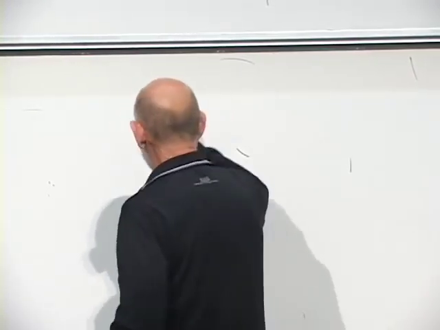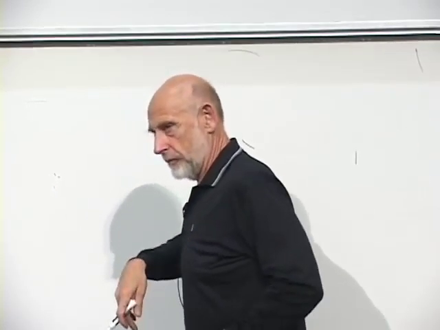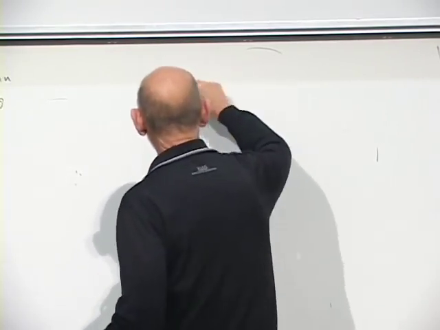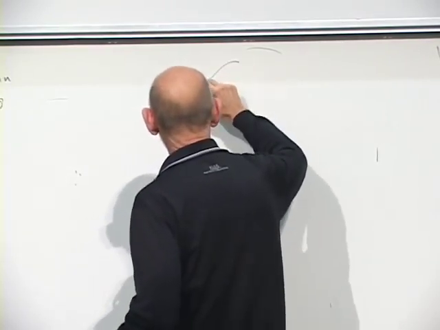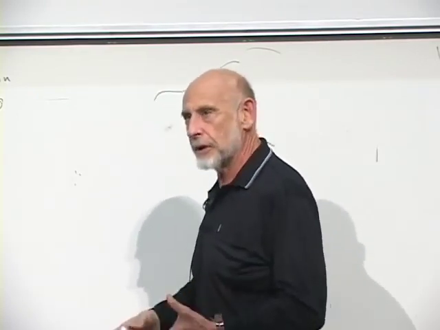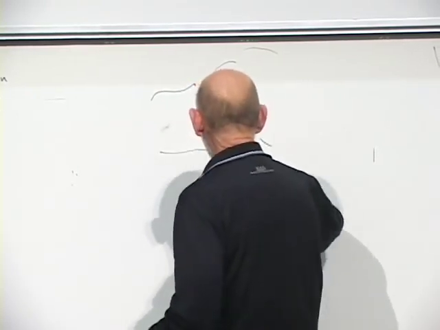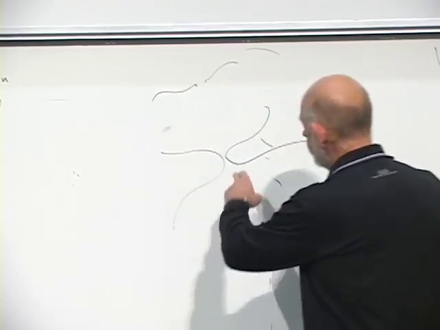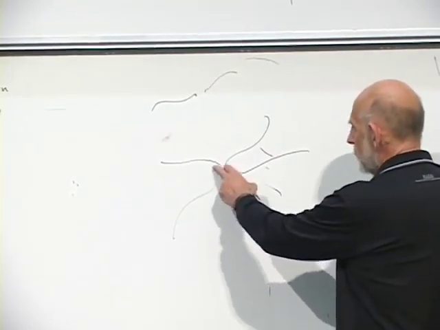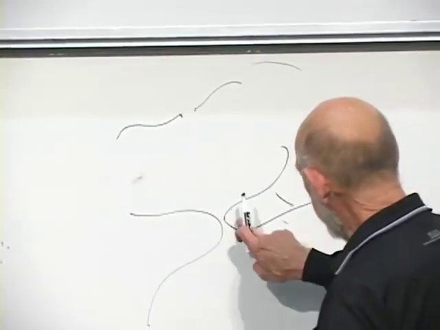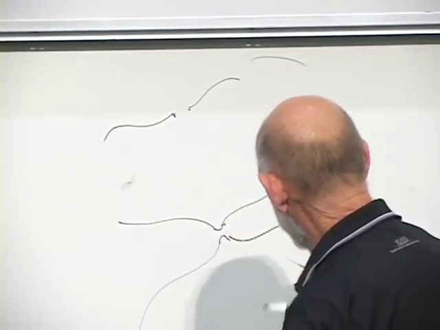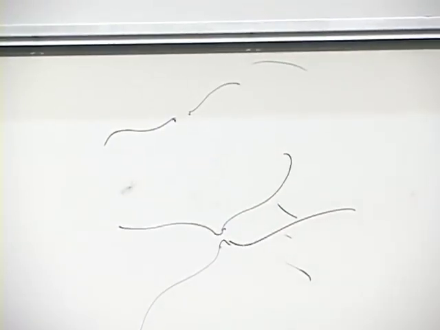Once you have closed strings, this is even implicit in open string theory, the basic thing that can happen is two ends can touch and join, but there's something else that can happen. The other thing that can happen is two strings can touch at a point which is not an end, and then they can rearrange. All right.